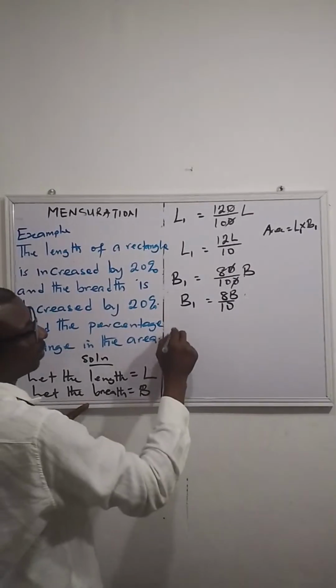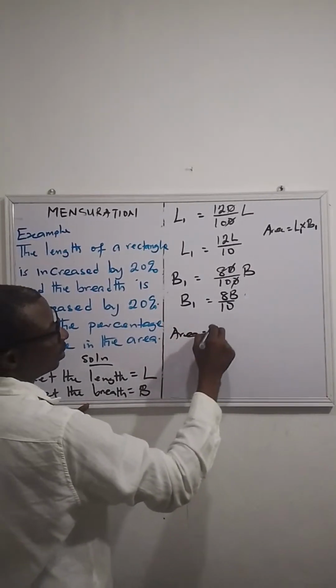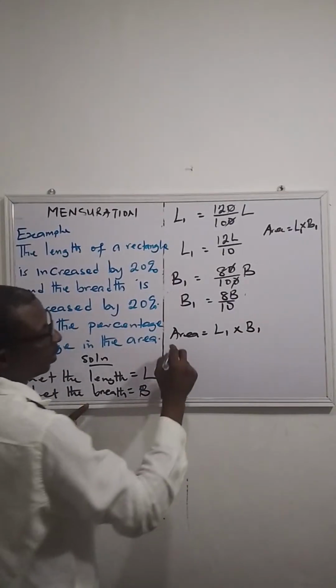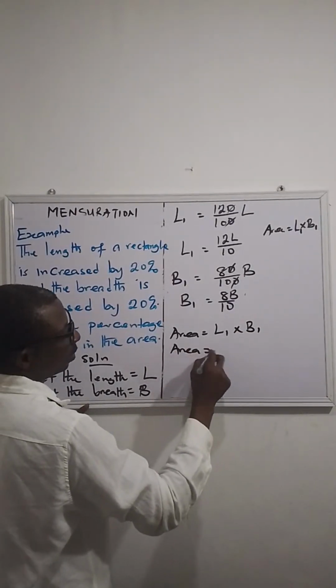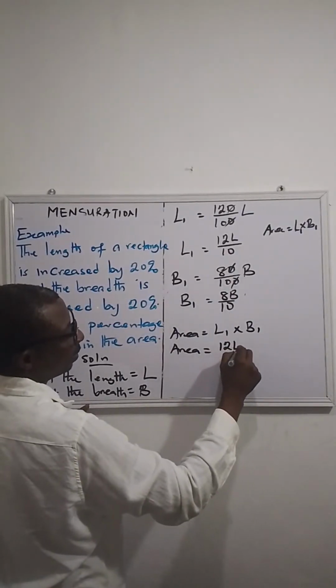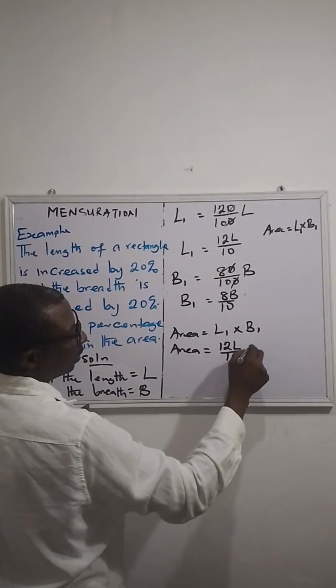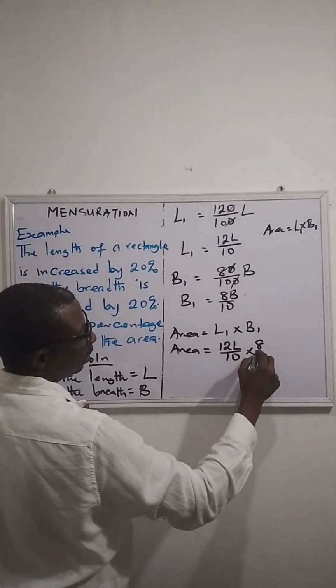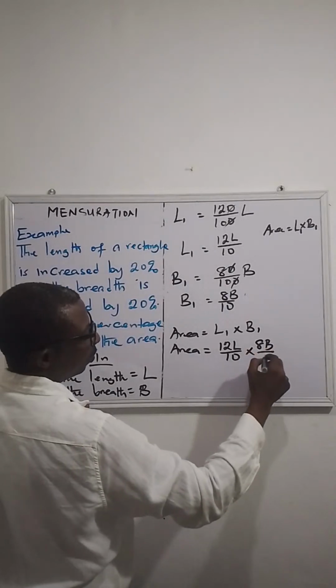So we have 12L over 10 times 8B over 10.